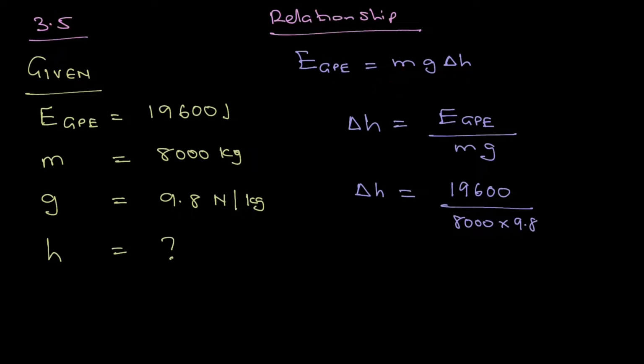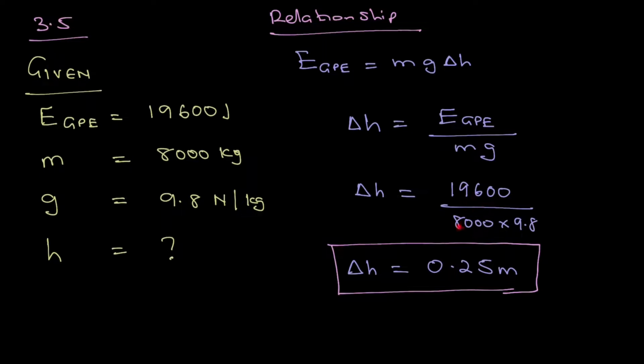Divided by mg, the mg cancels out here, so you get gravitational potential energy over mass times gravitational field strength equals change in height. Now we need to plug in the values, and therefore we can find h. Once we plug in the values into your calculator, you get change in height, or h, equals 0.25 meters.